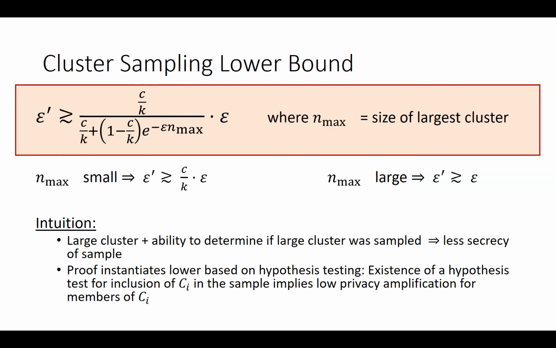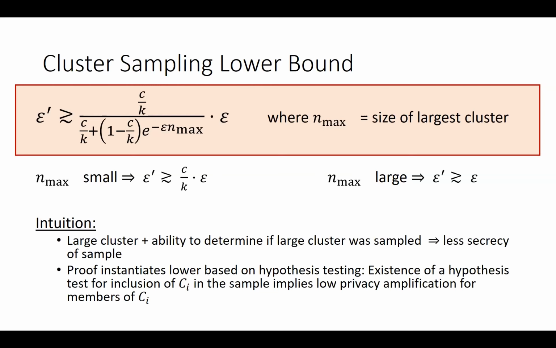The intuition for this is, if you have a large cluster and some ability to determine whether that large cluster was included in your sample, then you don't have this phenomenon of secrecy of the sample.